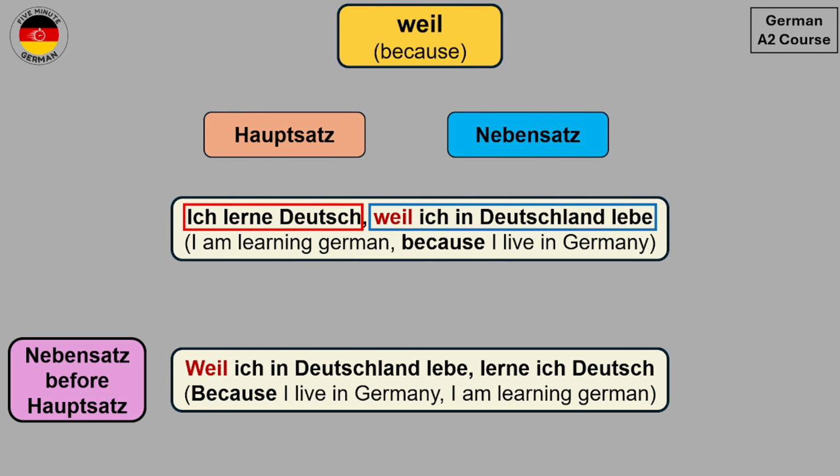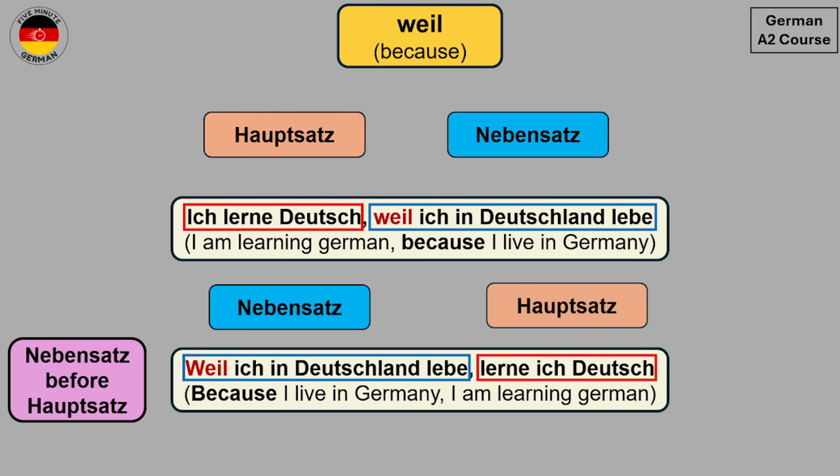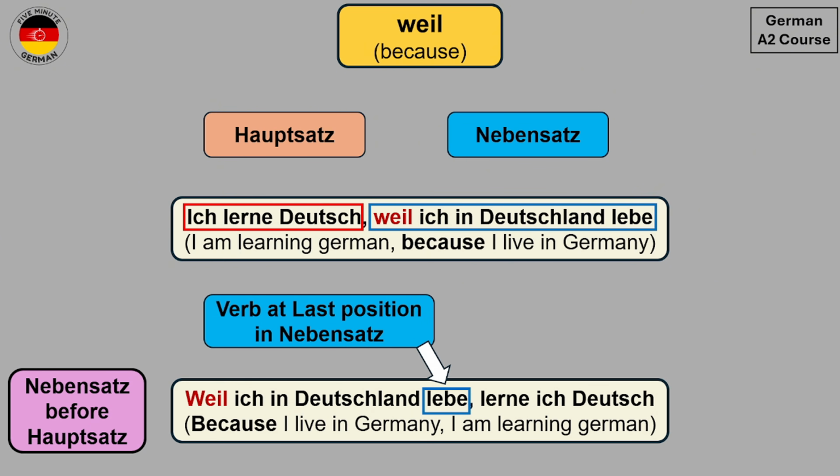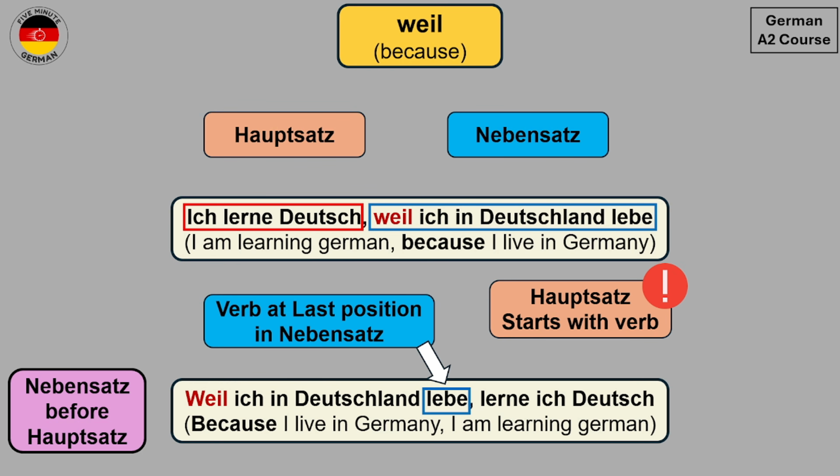So you see in this case, the Nebensatz comes at the start and the Hauptsatz comes after it. And this also follows the same rule that in the Nebensatz, the verb comes at the last position. However, there's an important point that you have to keep in mind, and that is when the Hauptsatz comes after the Nebensatz or after the comma, then it will start with the verb as you see over here.